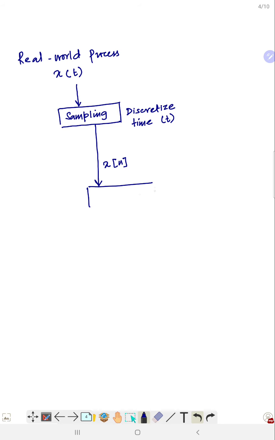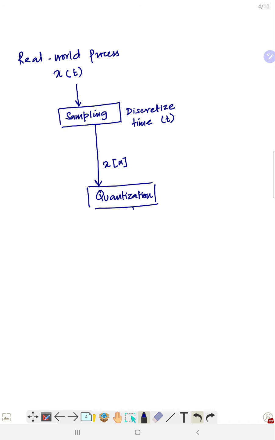Then I do another process, what we call quantization. Like I said, we will be discussing them in detail, but I just want you to know what the actual process is, the basis being that we don't have a physical phenomenon that actually generates a discrete time signal. It's actually a derived form which we have derived from the continuous time signal.